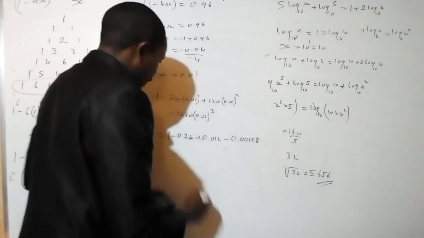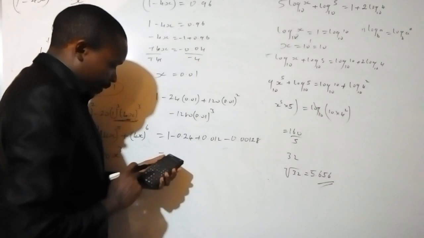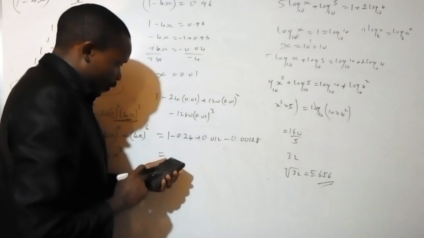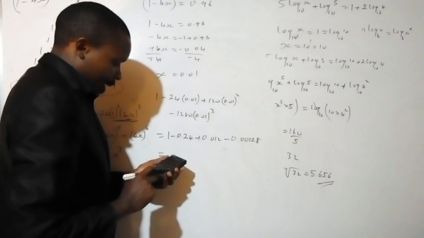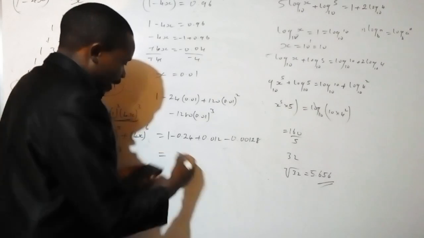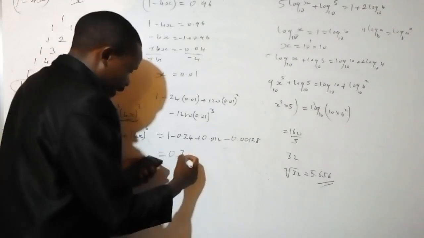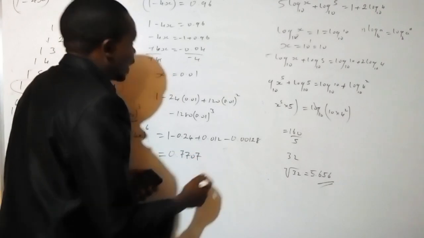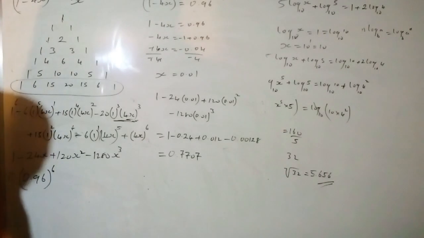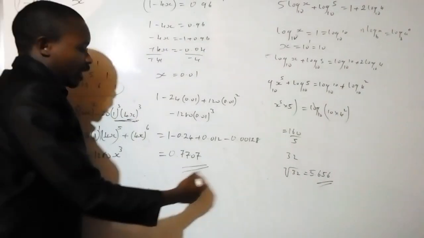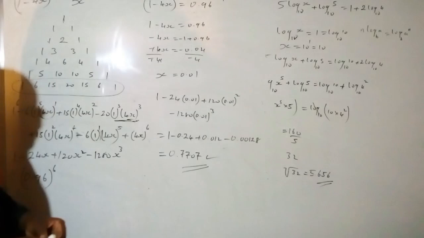Then we can use a calculator: 1 minus 0.24 plus 0.012 minus 0.00128 is equal to 0.7707. And since we've been told to give our answer to 4 decimal places, this is supposed to be the correct answer. Yeah, you are with me.